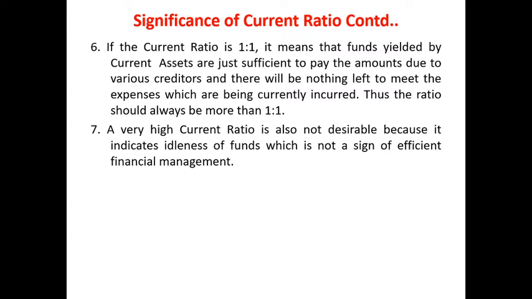For example, if current ratio is 1 is to 1, current asset is 1 and current liability is also 1. And the next one is, a very high current ratio is also not desirable because it indicates idleness of funds, which is not a good sign of efficient financial management.